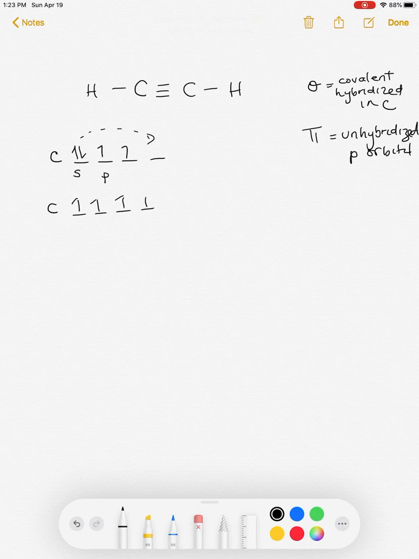So we end up with four equivalent electrons, and each orbital is equivalent. So one from originally S and three from originally P, hence the sp3. And we know that that shape is tetrahedral.